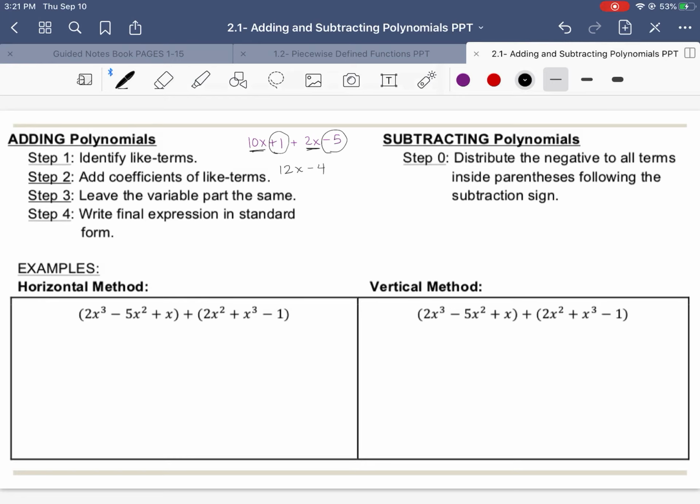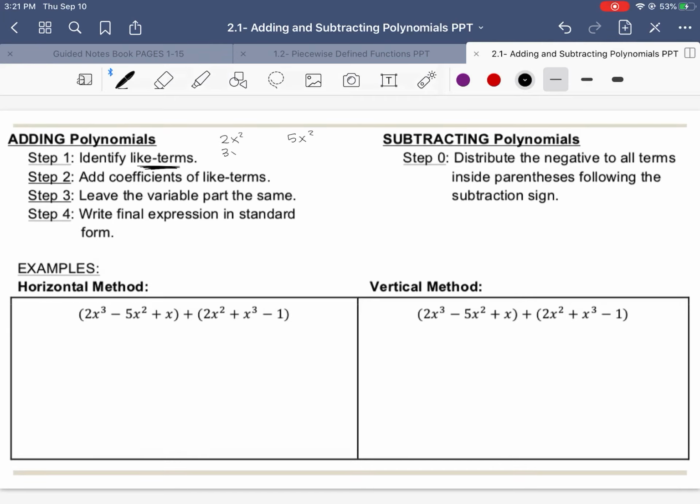So the first thing you're going to do is identify like terms. That's step number 1. When we say like terms, remember like terms, they have to have the same variable part and exponent. So if I'm looking at 2x squared, that's similar to 5x squared. Those are like terms.